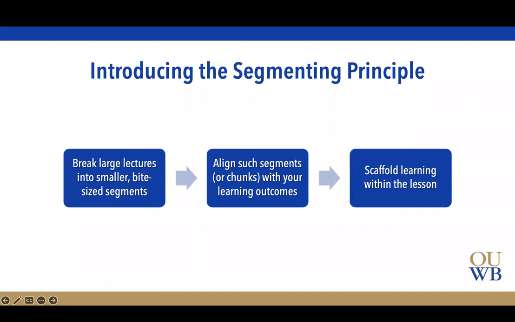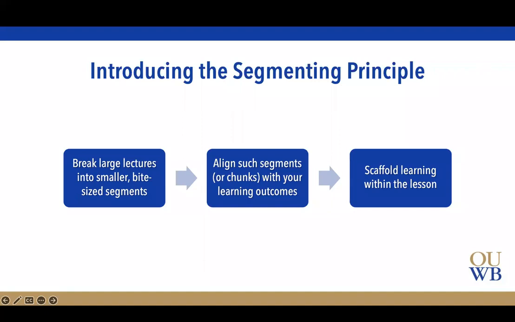I'm trying to model this a bit today. We're kind of working through this presentation in chunks, and we present the information at the front. I try to provide an opportunity to pause at the end of those sections. I provide a review of what we had just talked about. So it's giving students that opportunity to process what has been discussed before proceeding.